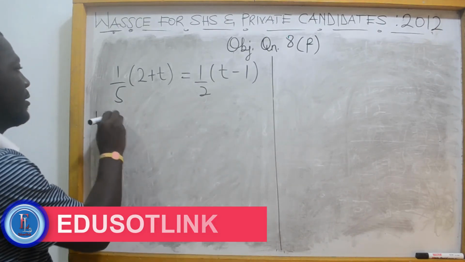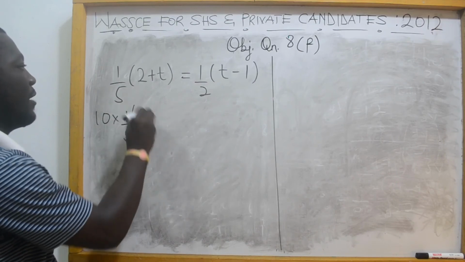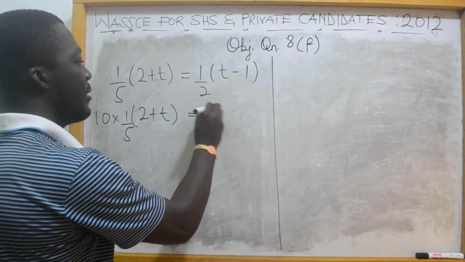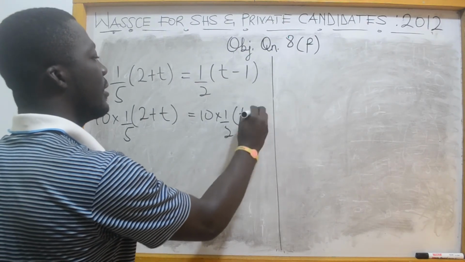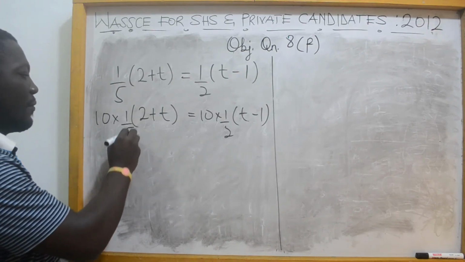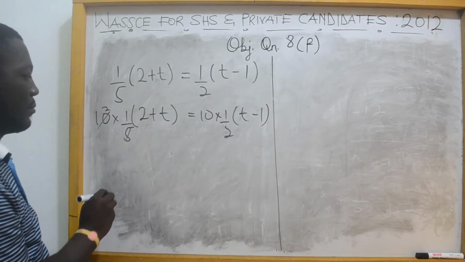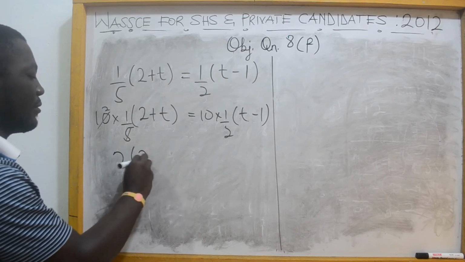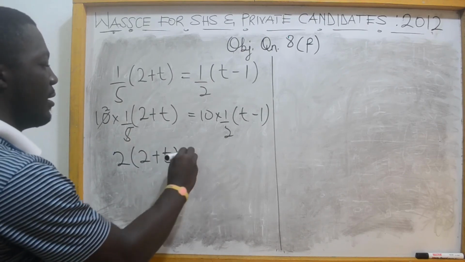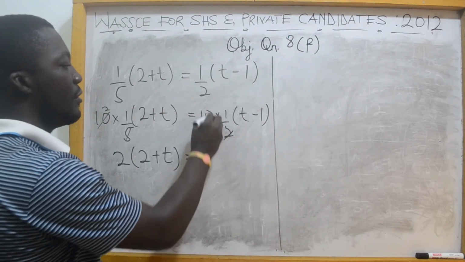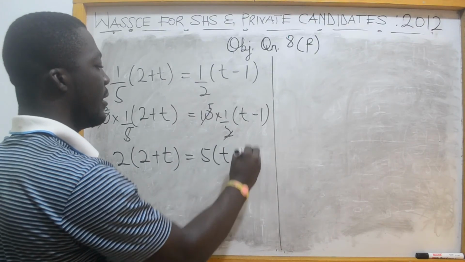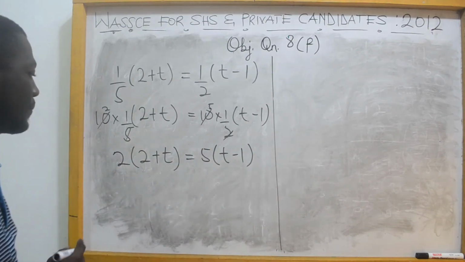So 10 times 1 over 5 of (2 plus t) is equal to 10 times half of (t minus 1). 5 into 10 is 2, leaving us 2 into (2 plus t) is equal to 2 into 10, 5, 5 into (t minus 1).